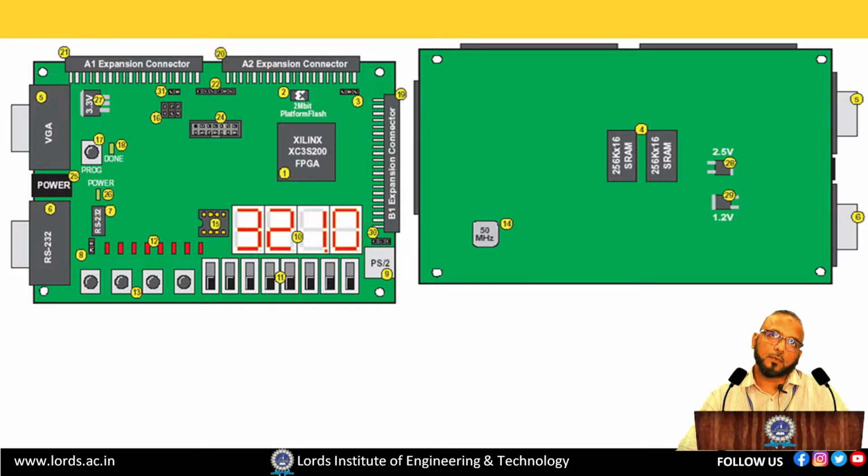On the green board, there are switches and some LEDs with an LCD display, and probably four 7-segment displays. We have VGA connectors and RS232 cables, and some extension connectors as well, in order to connect any of these sensors in your design according to your application. I've given you the top-level and the down-level design as well.